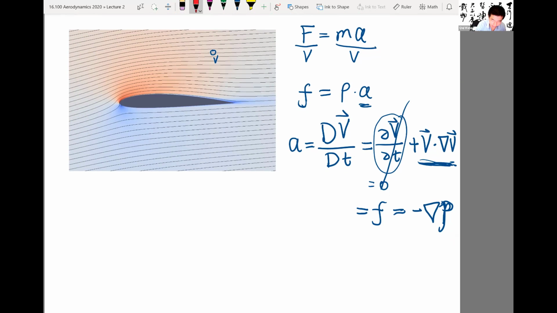So the equation we ended up deriving is V dot with grad V equal to minus grad P. And what is this? This is a little bit hard to conceptualize in the beginning.